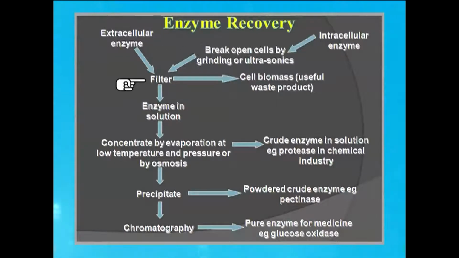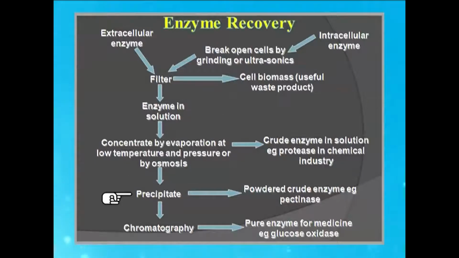The filtration process generates some cell biomass which is used for products like animal feed, but the broth contains mainly the enzyme in solution. This enzyme in solution can be differently downstreamed. It can be concentrated by evaporation or several other processes like osmosis. One typical example is that of protease in the chemical industry.